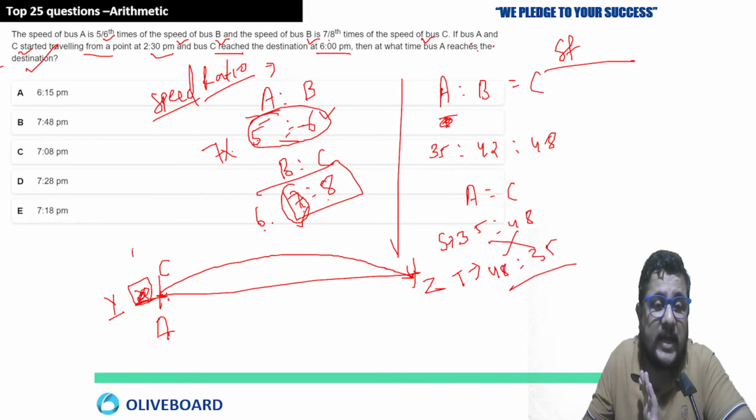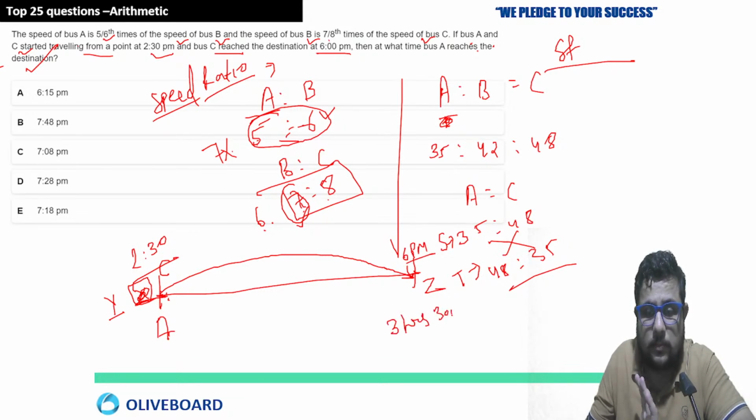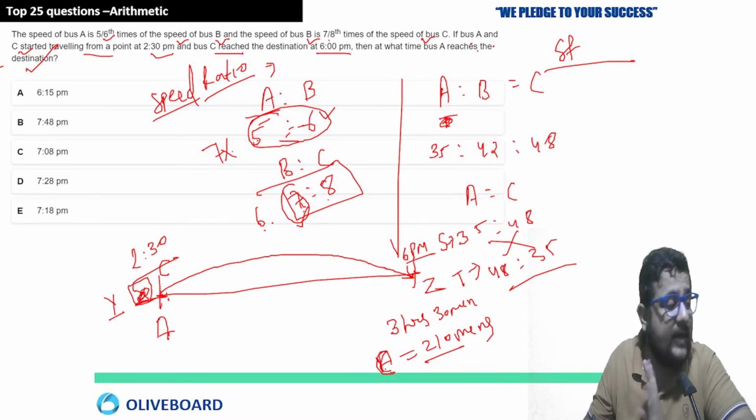Now they have mentioned that they started at 2:30 and C reached the destination at 6 p.m. So that is 3 hours 30 minutes, total 210 minutes taken by C. For A we need to calculate.